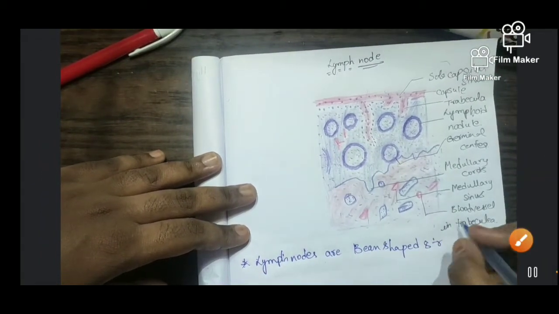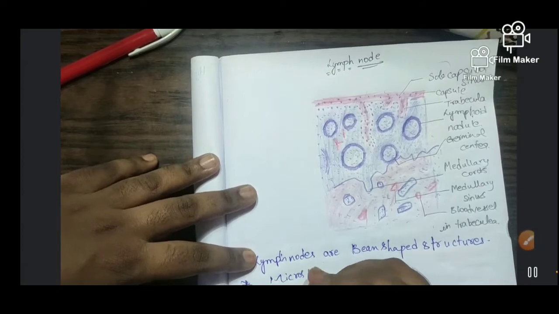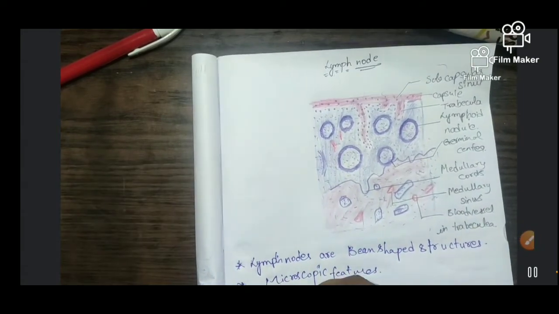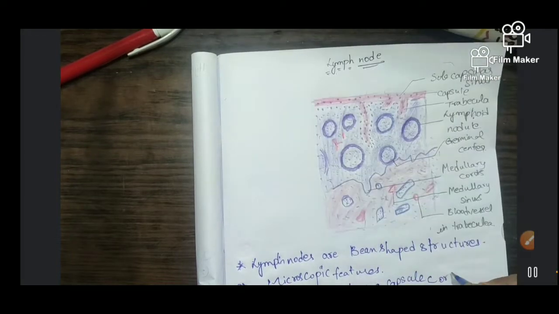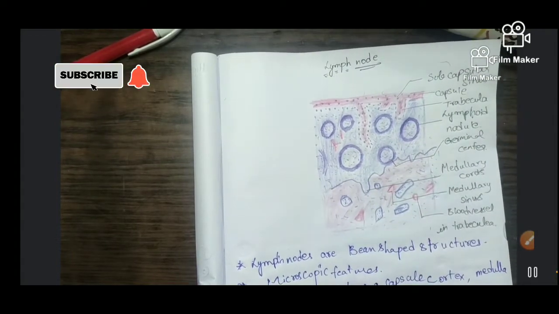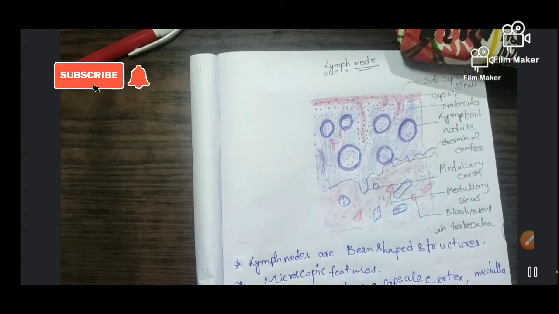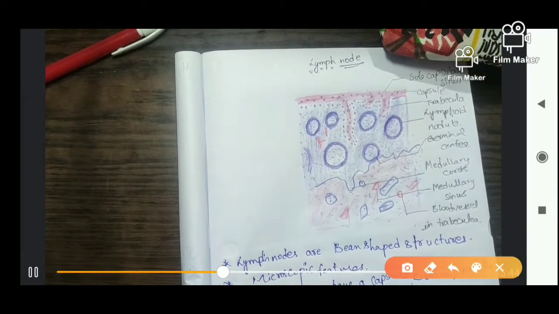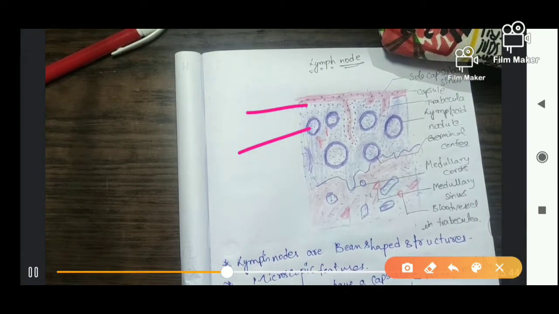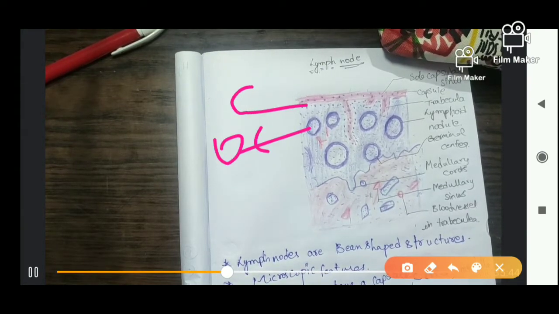The cortex is darkly stained. You can see it is bluish in color and it is darkly stained with hematoxylin. It is the peripheral part of the lymph node, lying underneath the capsule. You should remember that is the first point.